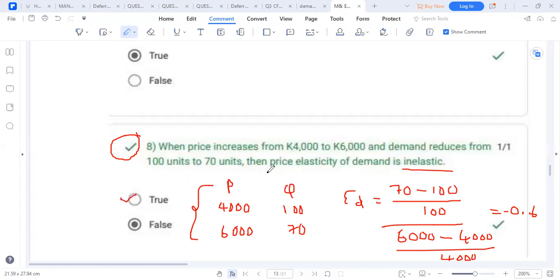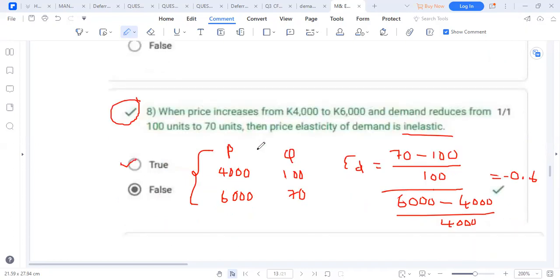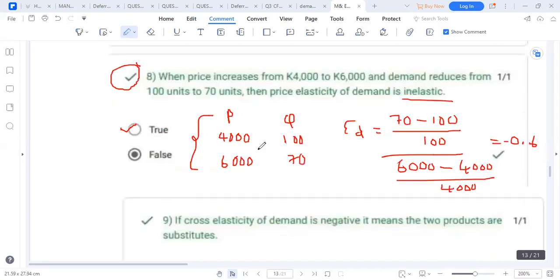So it's true. I think this is the answer that was marked wrong. So it is inelastic. It's true.